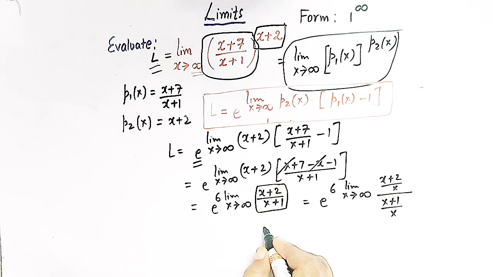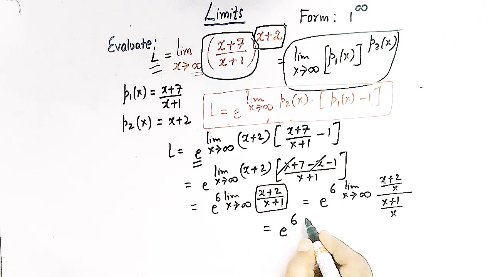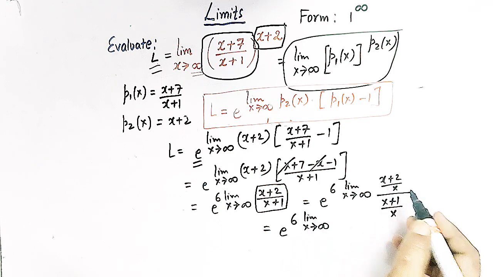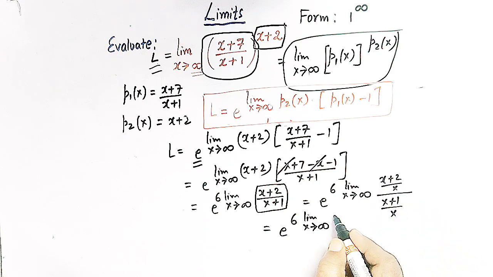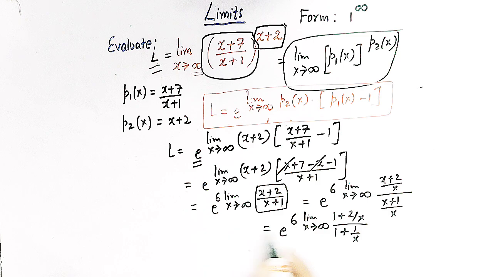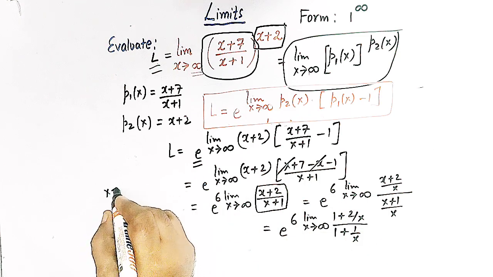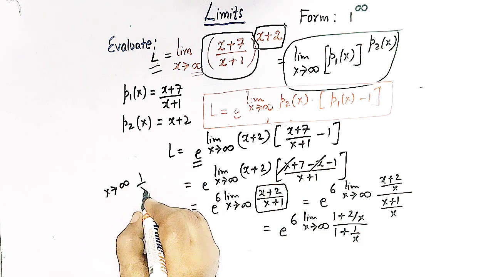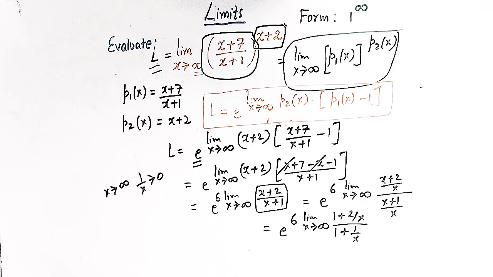So now we can write e raised to 6, and here we have limit x tends to infinity, and we can write (x plus 2) over x as 1 plus 2 over x, and here we can write 1 plus 1 over x. Now as we have just discussed, when x tends to infinity, 1 over x tends to 0. So this term reduces to 0, and this term also reduces to 0.